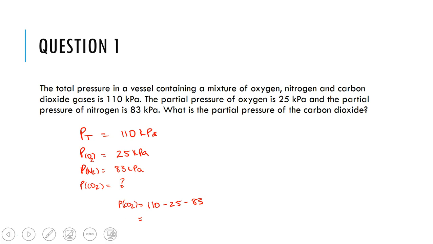So the partial pressure of carbon dioxide is equal to 2 kilopascals. So we've got 2 kilopascals for our answer on that one, and my pen has decided to stop working. Hopefully that makes sense. Again, I will give you some more practice questions to be able to look at these, but that's it for partial pressure.